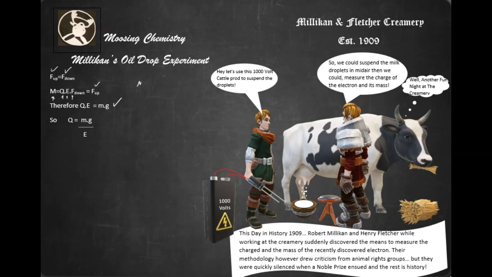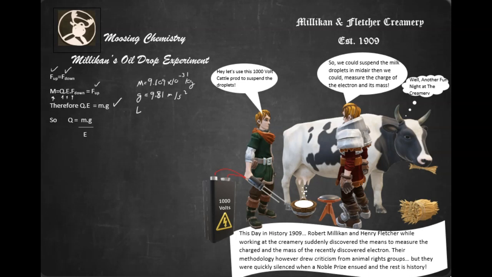Well, the mass of an electron we know is 9.109 times 10 to the negative 31 kilograms. Okay? We also know the pull of gravity on Earth, which is going to be 9.81 meters per second squared.